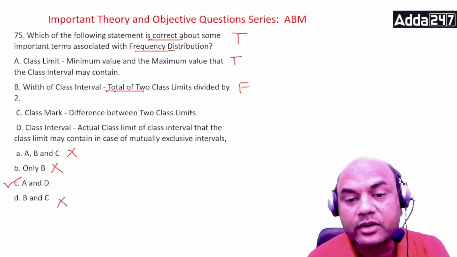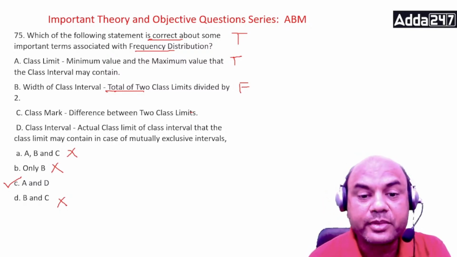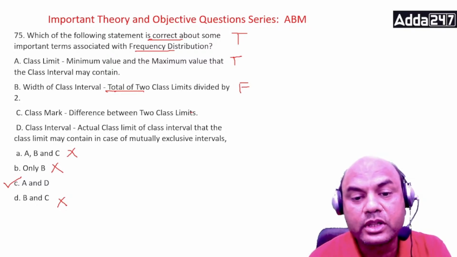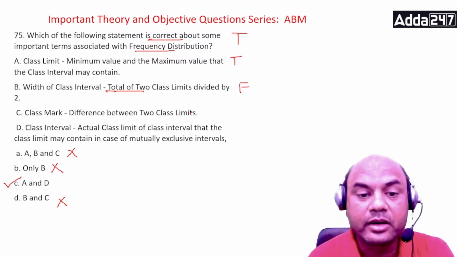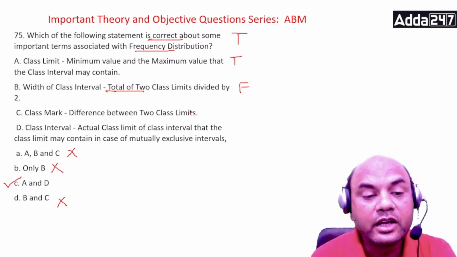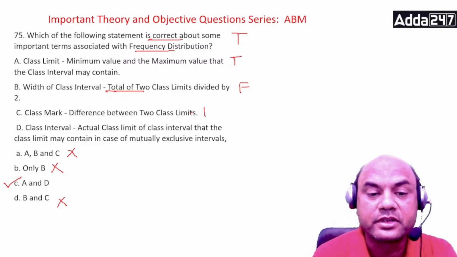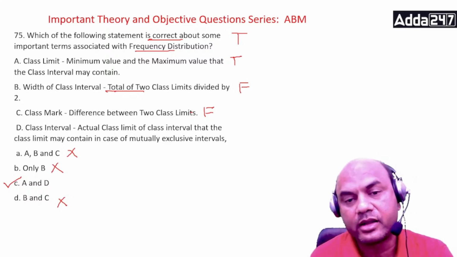But what is C now? C is false. Class mark is the total of the two class limits divided by 2, upper limit plus lower limit divided by 2. That is always known as the average. And what is given over here? Difference. So these two are opposite. Got it? So the answer is A and D.